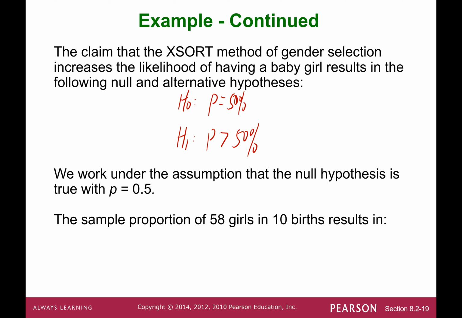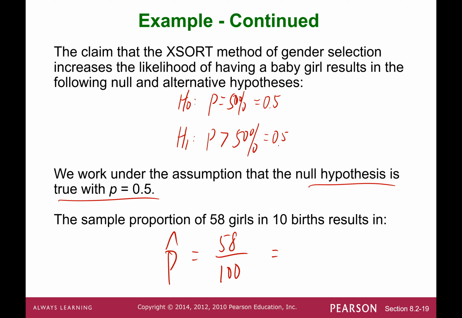We work under the assumption that the null hypothesis is true, when the population proportion equals 0.5. 50% is 0.5. So the sample proportion of 58 in 100 births gives p hat equals 58 over 100. So the sample proportion is 0.58.